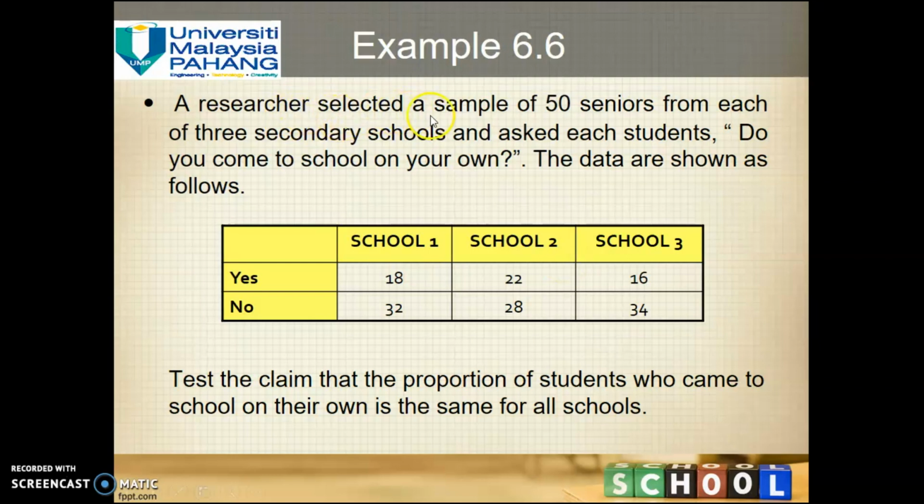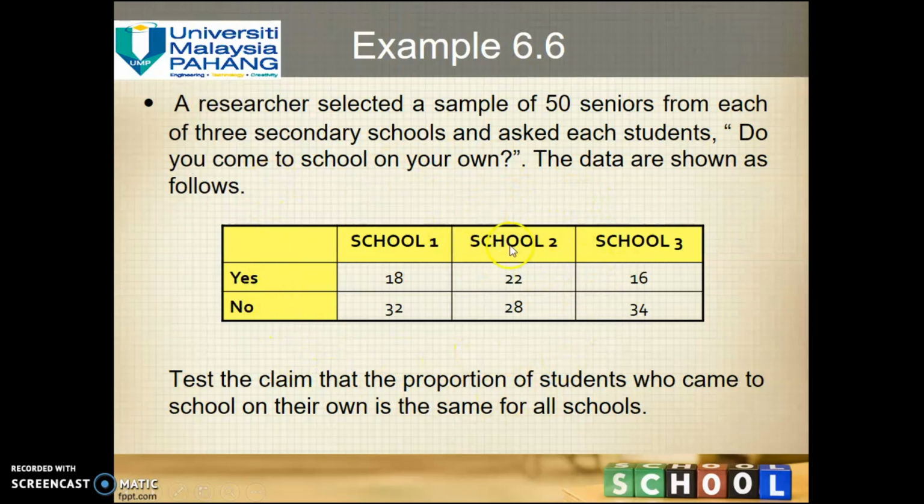A researcher selected a sample of 50 seniors from each of 3 secondary schools and asked each student, do you come to your school on your own? The data are shown as follows. So it is a contingency table.